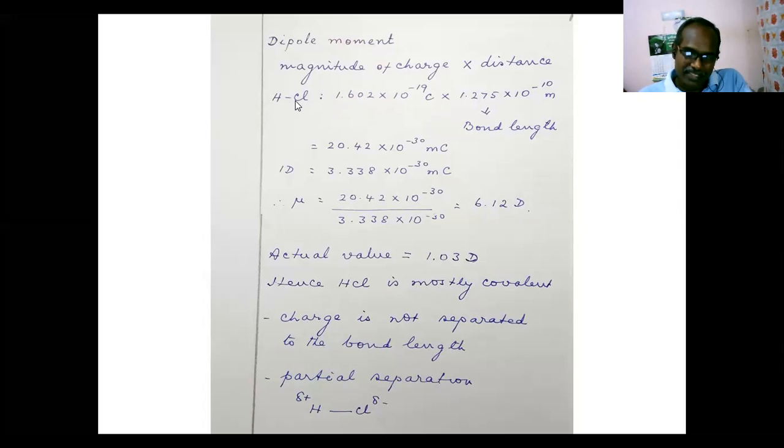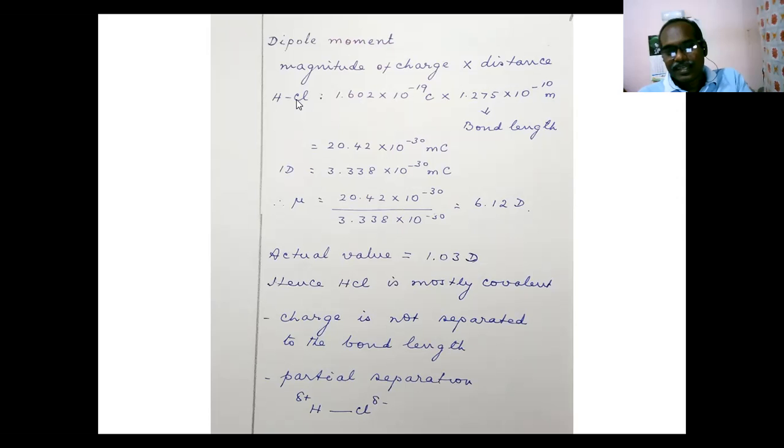In the case of hydrogen chloride, it is assumed that the hydrogen possesses a +1 positive charge and the chlorine possesses a -1 negative charge. Therefore, we are assuming a complete transfer of electron from hydrogen to chlorine. Then the charge is 1.602 into 10 power minus 19 coulomb. Coulomb is the unit of a charge, so this is the unit charge.